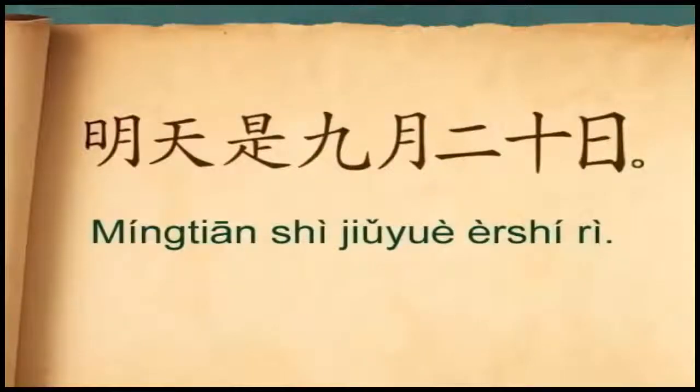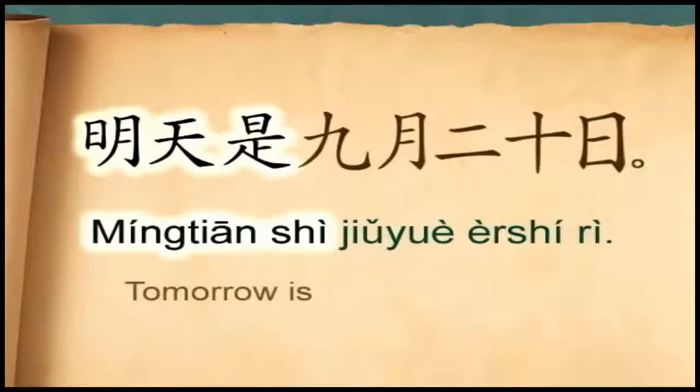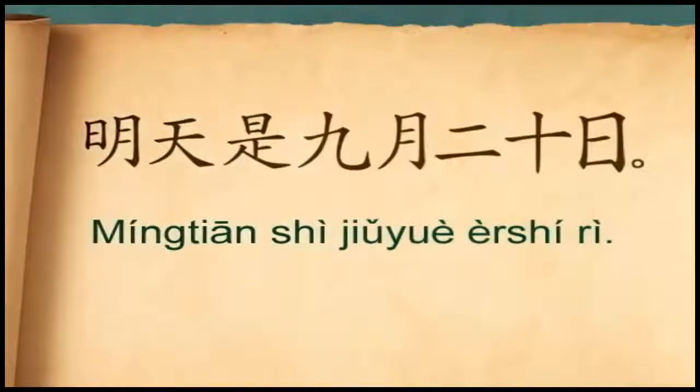Listen to the sentences from our last lesson and tell me what they mean. Our first sentence was, 明天是9月20日. What does 明天是 mean? I hear tomorrow is. That is correct. 明天是 tomorrow is. 明天是9月20日. What is 9月? Yes, it's a month. 9月.